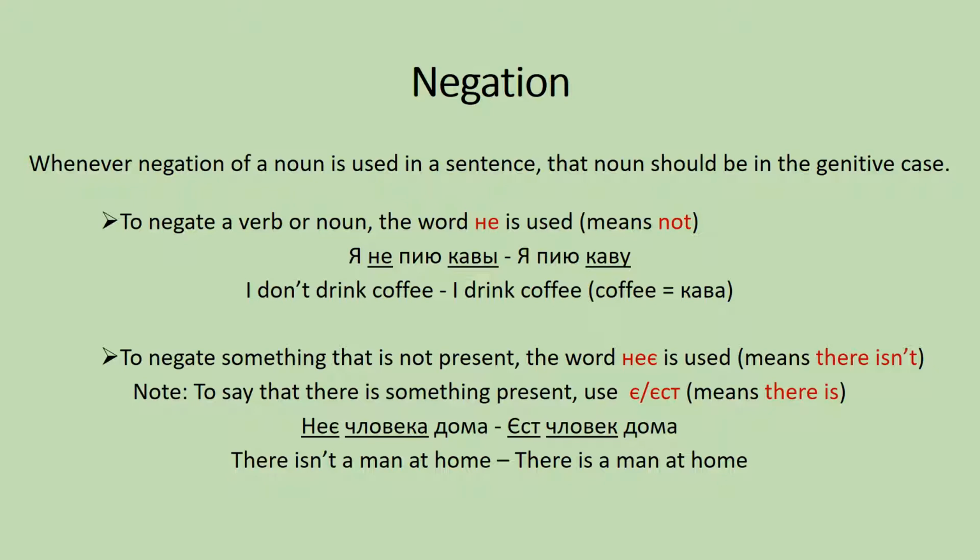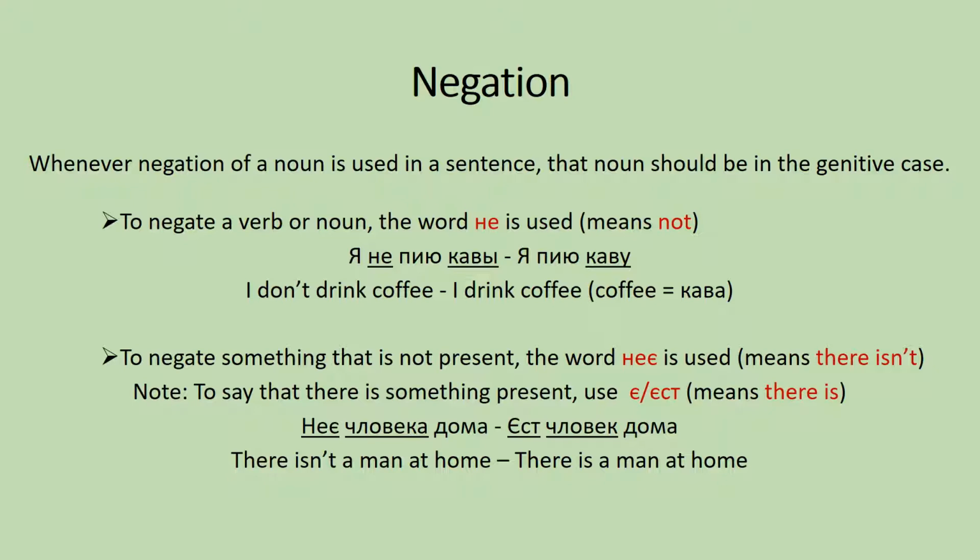To negate something that is not present, the word neia is used. It means there isn't. Note, to say that there is something present, you use je or jest. It means there is. To say there isn't a man at home, you would say nie człowieka doma.